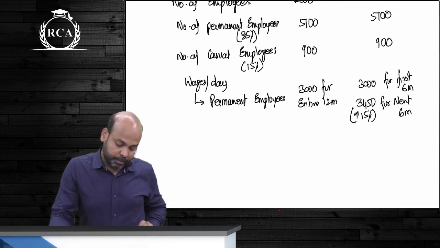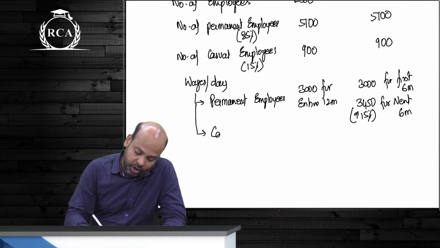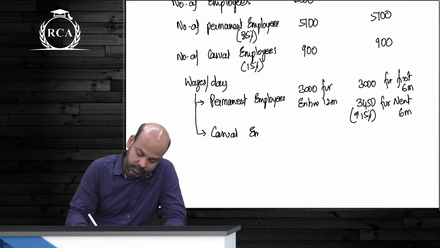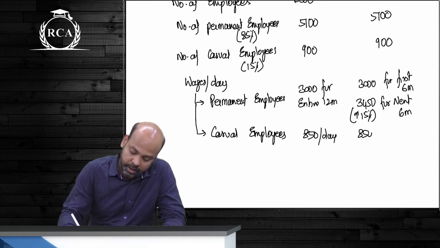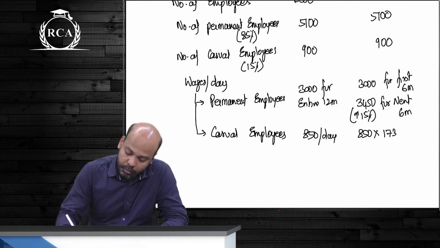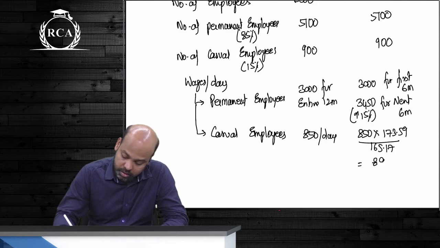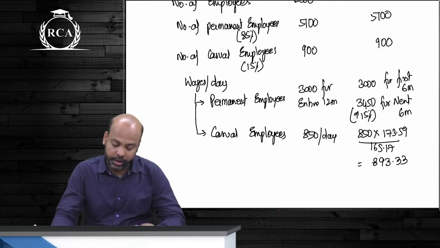Number of permanent employees, number of casual employees. For casual employees, how much did you pay, guys? Last year you paid 850 per day. Current year, beta, 850 into 173.59 divided by 165.17. That will become 893.33.